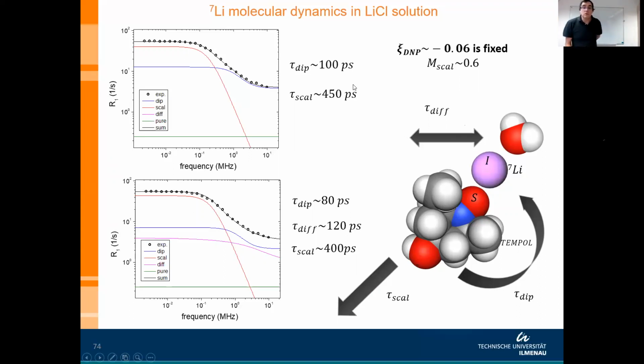And we see different correlation times, not so far from each other, but refining the model, if we believe in this, we get the corresponding diffusion dynamics.